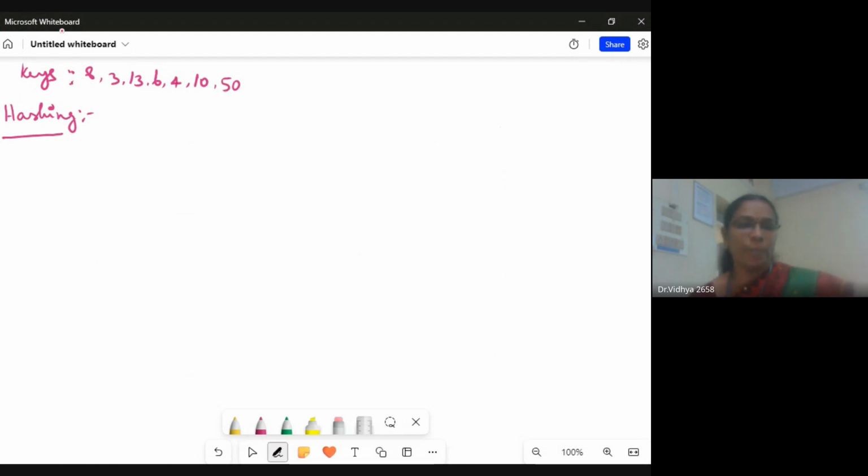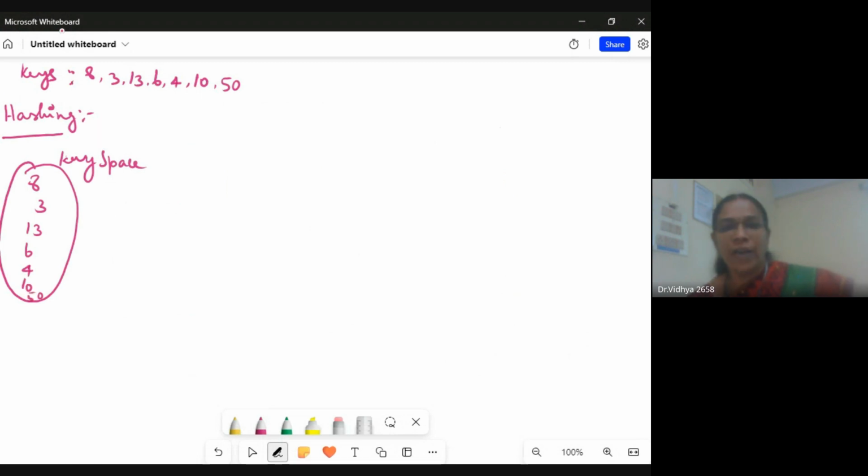We are calling this the key space. So in this key space, we specify the elements 8, 3, 13, 6, 4, 10, 50 as they are.